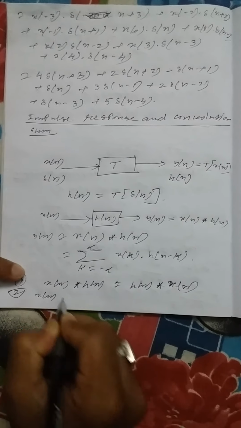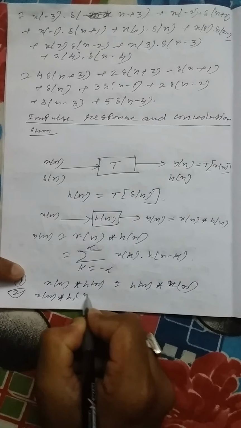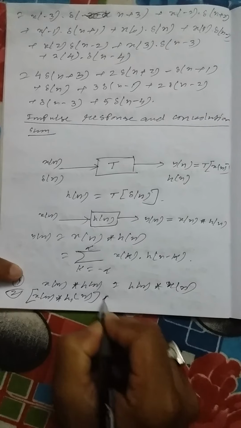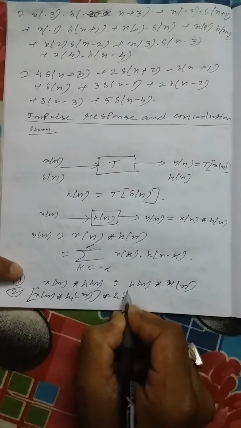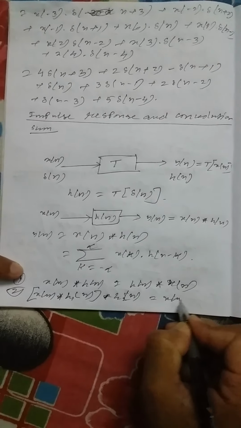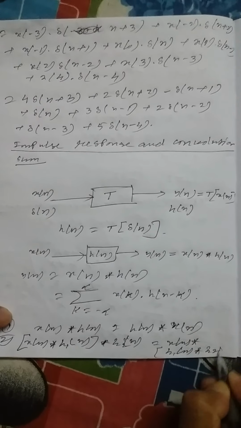Now the associative property: x[n] convolution h1[n] convolution h2[n] can be represented by x[n] convolution the quantity h1[n] convolution h2[n]. This is the associative property.